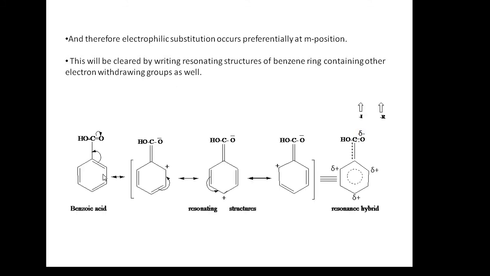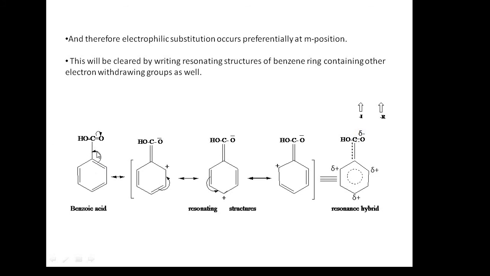Now this can be made clearer if we go through the resonating structures of benzene rings containing other electron withdrawing groups as well. In the case of benzoic acid, the key carbon atom is linked to an electronegative atom by a multiple bond which is conjugated with the ring double bond.